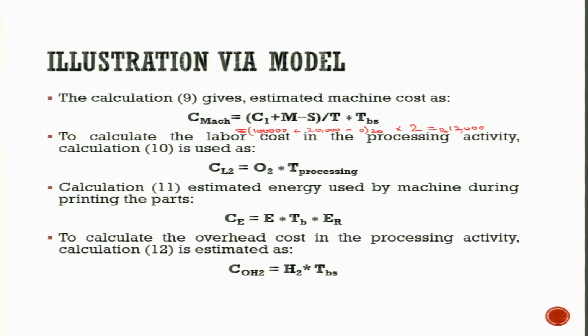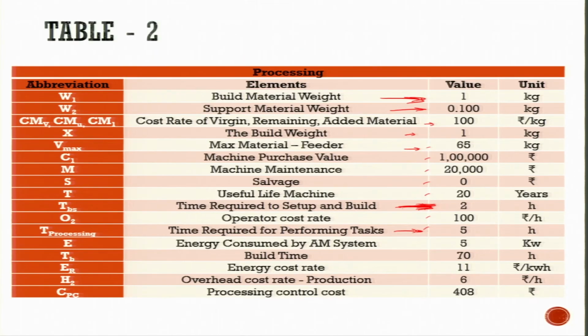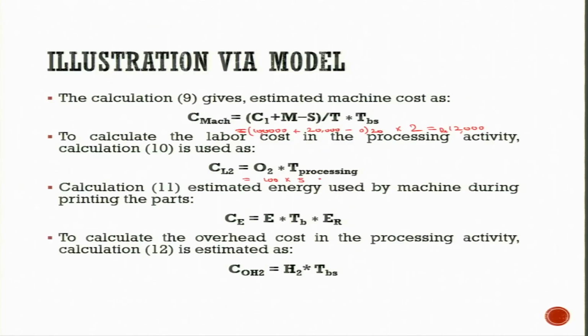right, for this build. Again we have the labor, operator, the rate into the time for the processing. The operator rate is 100 and the time for the processing that is given is 5 hours. So, from here this gives me this value as rupees 500. Now, the cost of the energy would be the energy into the build time into the energy cost rate.